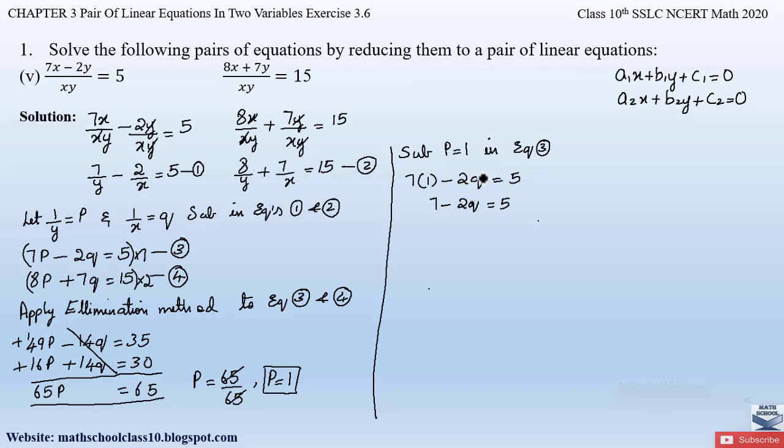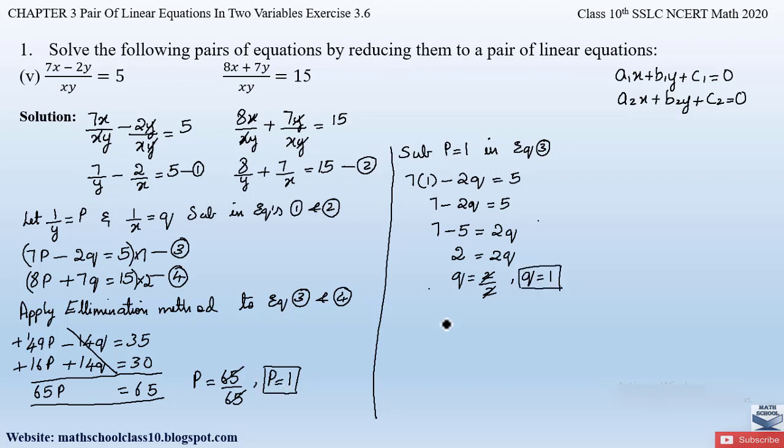Sending this minus 2q to the right hand side and bringing this 5 to the left hand side, you will get 7 minus 5 is equal to 2q. This minus 2q will become plus 2q and plus 5 will become minus 5. So 7 minus 5 is how much? 2 equal to 2q, or q will be equal to 2 divided by 2. Therefore cancelling, again we got the q value as equal to 1.